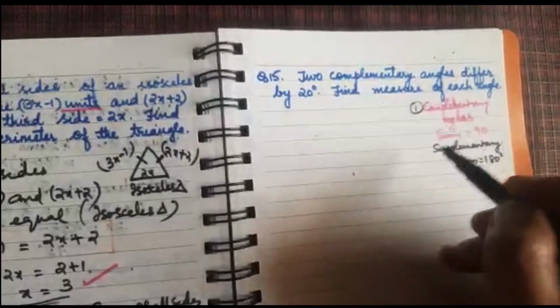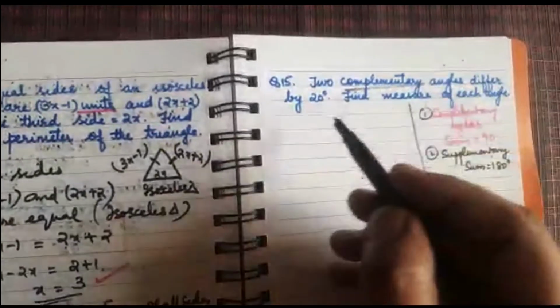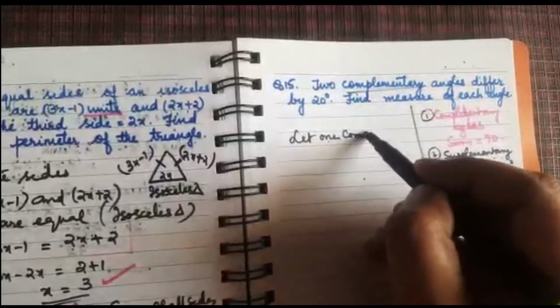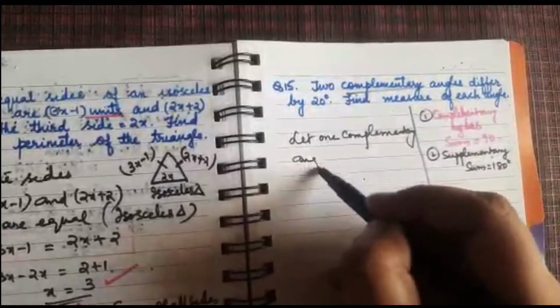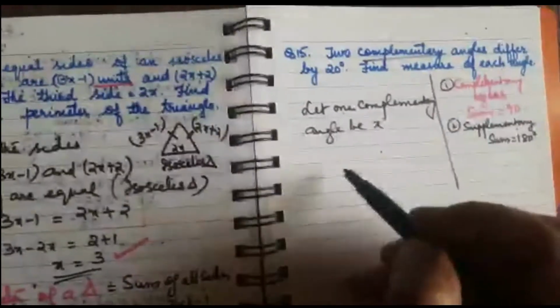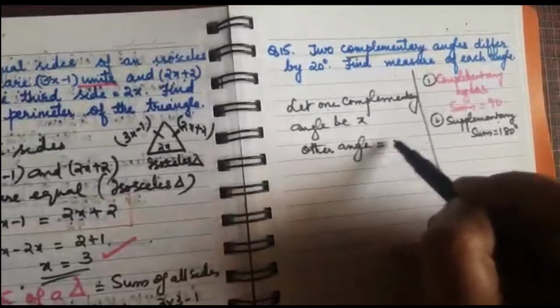So this is complementary and this is supplementary. Now the question is, two complementary angles differ by 20 degrees. So let one angle be x. Then the other angle will be 90 minus x, isn't it?